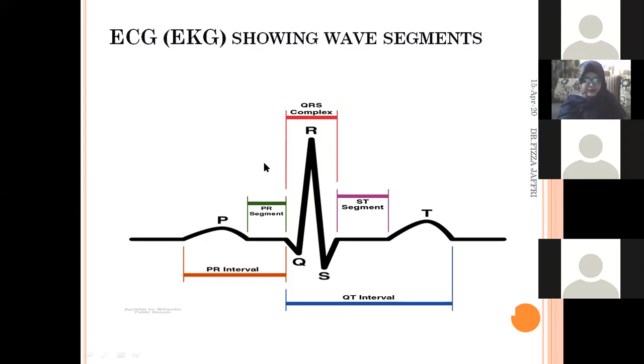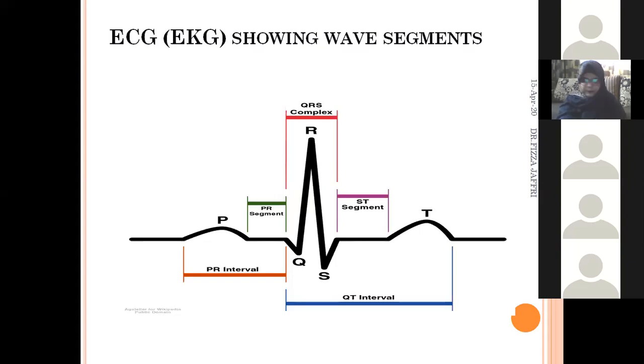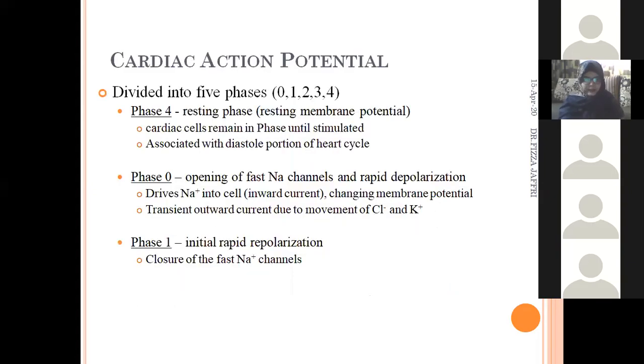The P wave represents atrial depolarization, the QRS complex ventricular depolarization, and the T wave ventricular repolarization, right? The atrial repolarization is hidden in the QRS complex, so it is not shown on the ECG.